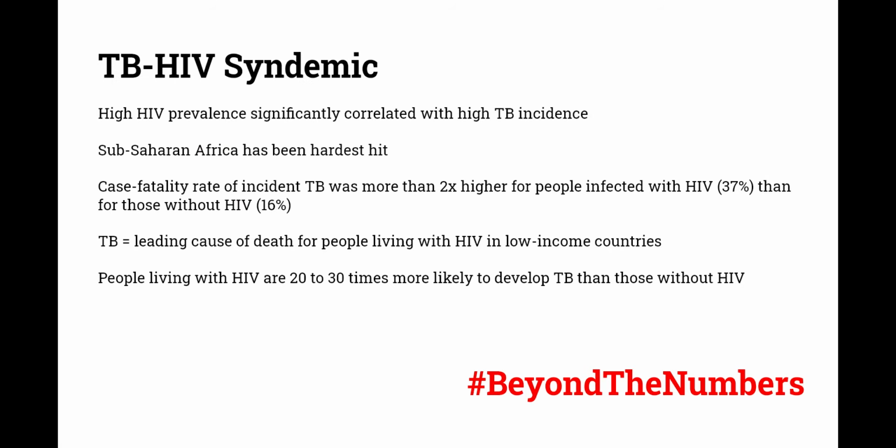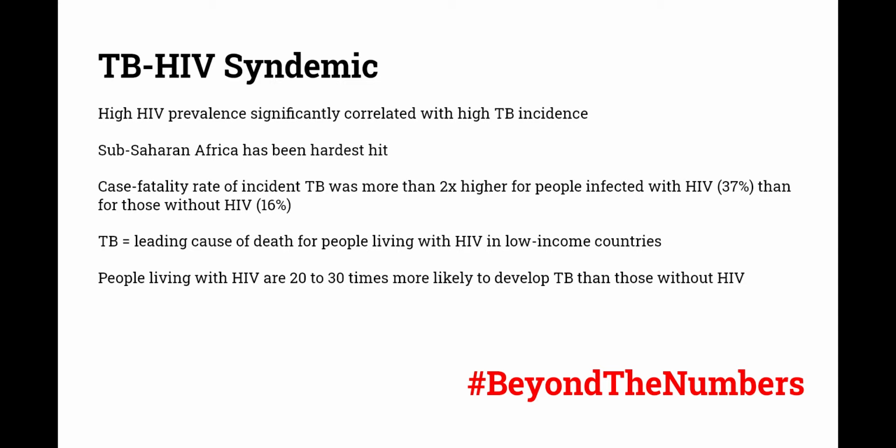So, just a little bit of descriptive epidemiology behind the TB-HIV syndemic in sub-Saharan Africa. High HIV prevalence is significantly associated with high tuberculosis incidence. So, where you see high HIV incidence and prevalence, you also see high tuberculosis risk.